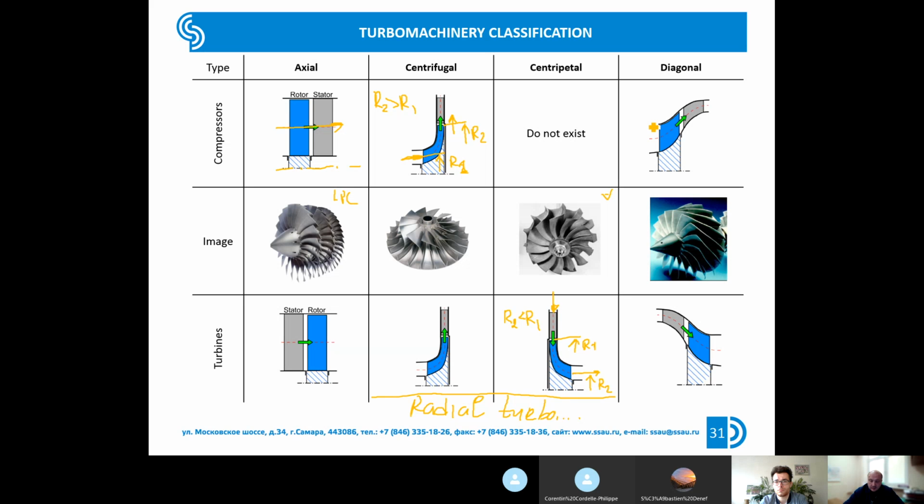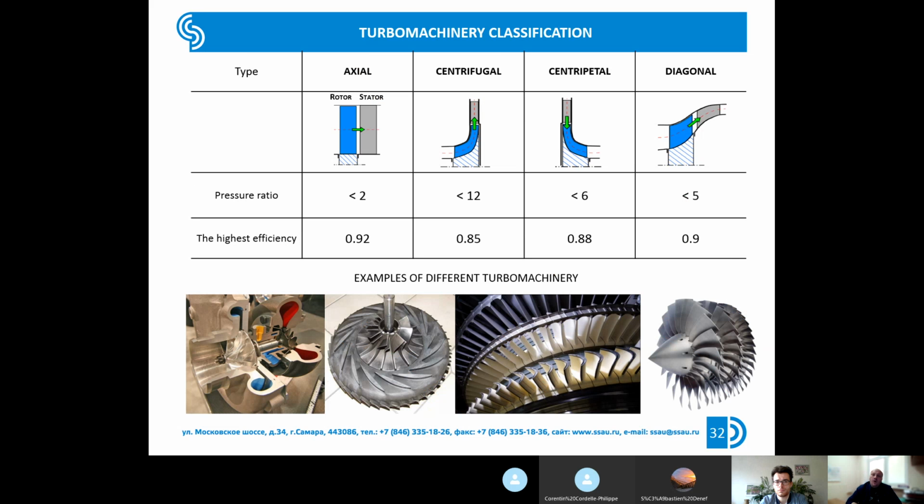So, I think that's all for this slide, and let's try to compare the characteristics of the different types of turbomachinery. We will make the comparison for the compressor stage, and here I will speak only about one stage.